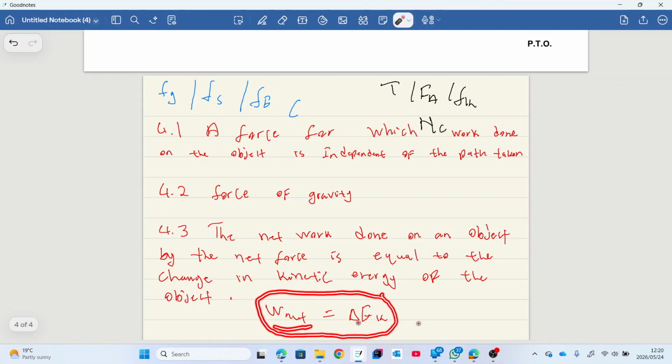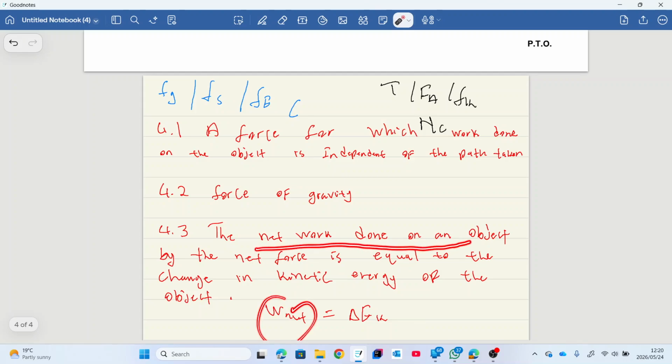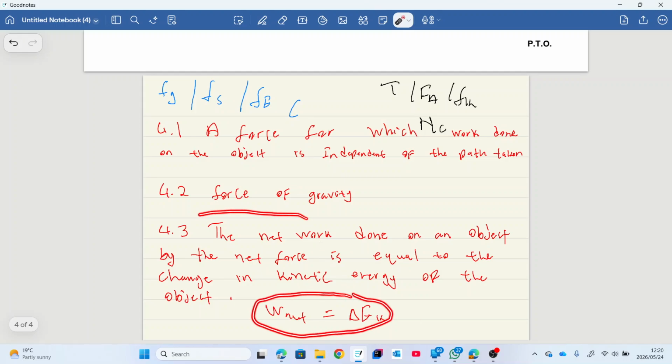So W net equals change in EK, and put it nicely in words: the net work done on an object, by the net force, is equal to the change in kinetic energy. The only additional words are "on the object". Other than that, the formula gives you the definition. Can you see the relationship? Yes, I can see. Okay.